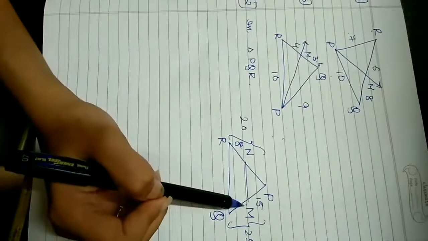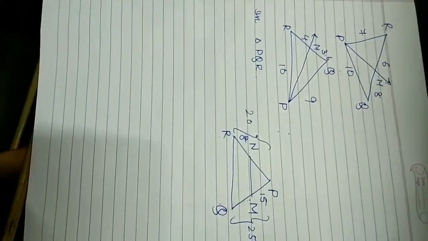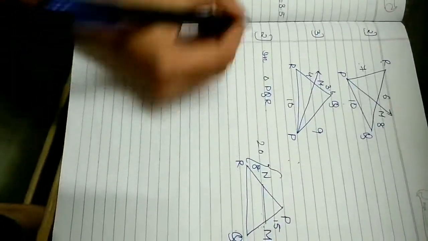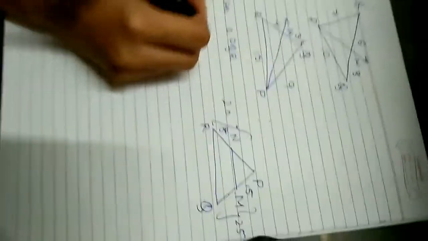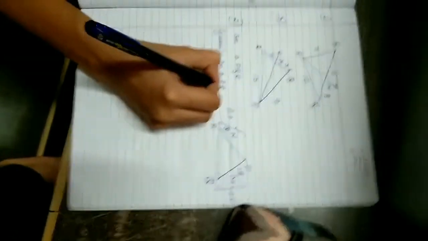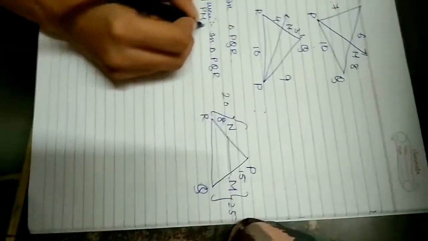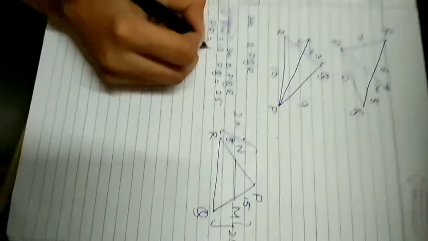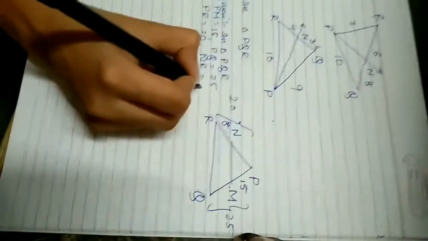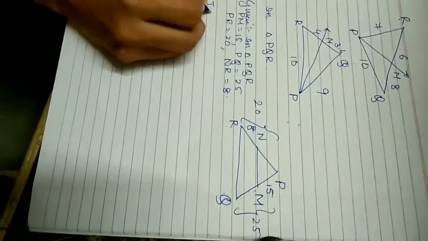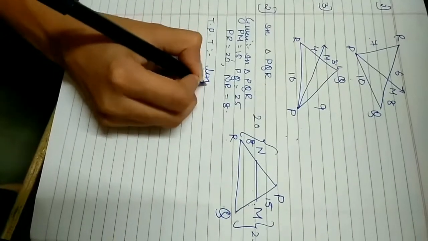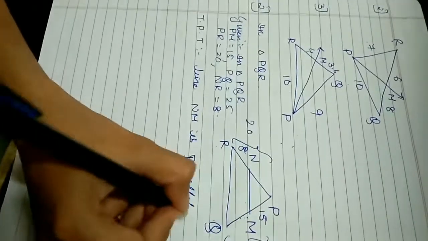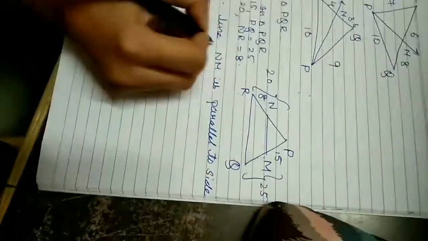Since we have to find whether line NM is parallel, you have to use basic proportionality theorem, that is BPT theorem. Now given in triangle PQR, PM is equal to 15, PQ is equal to 25, PR is equal to 20, NR is equal to 8. To prove that line NM is parallel to side QR.